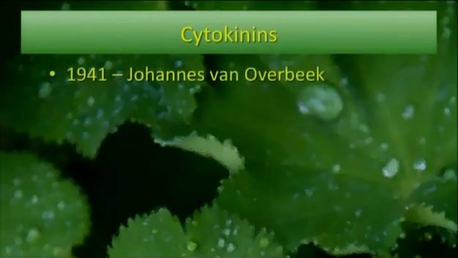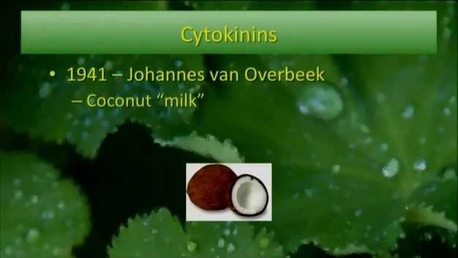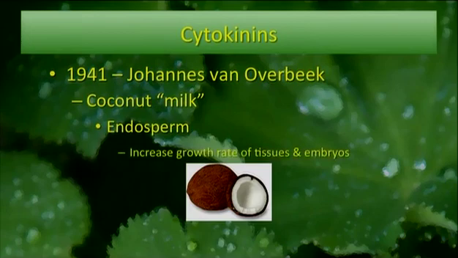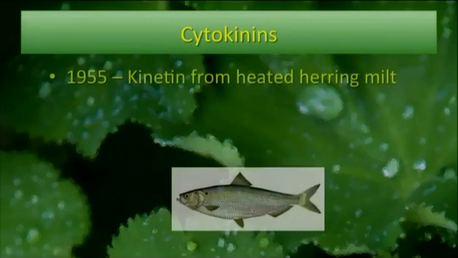In 1941, Johannes van Overbeek used coconut milk, or the exudate from coconut, and that's actually coconut endosperm. He used it to increase growth rate of tissues and embryos, and in fact, even nowadays, tissue culture labs use coconut water for growing their plantlets in test tubes and in flasks and petri dishes.